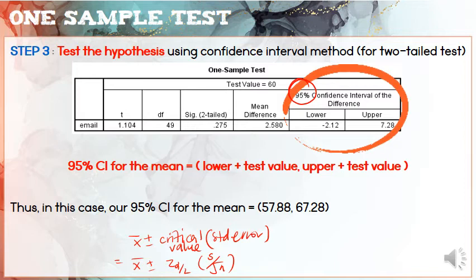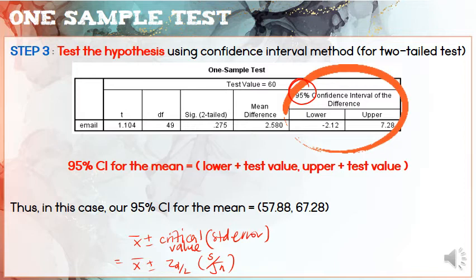Dia kata at 90% confidence, okay, and dia bagi awak 95% confidence interval. So dia tanya 90, dia bagi 95, you tak boleh ambil, you kena calculate manually. But if soalan memang nak pakai 95% confidence interval, awak boleh terus ambil daripada output.